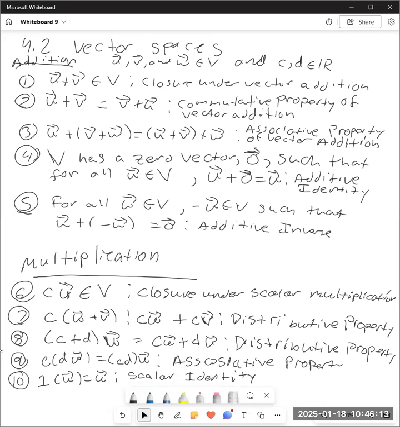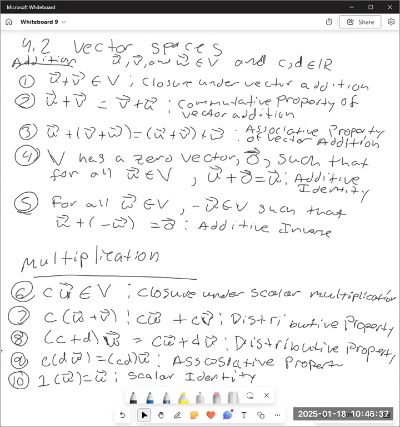If any one of them doesn't work, it's not a vector space. But to show that it is a vector space, we have to show that all 10 things do work. Now, your book does tell you a whole list of things that are already known vector spaces.